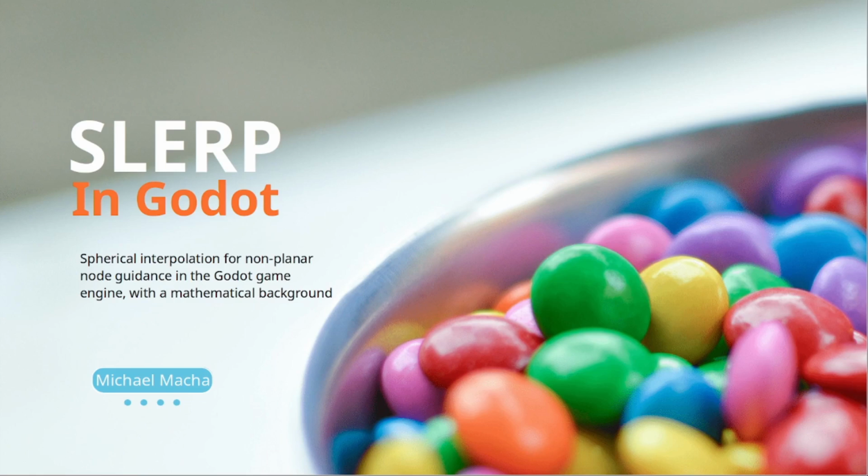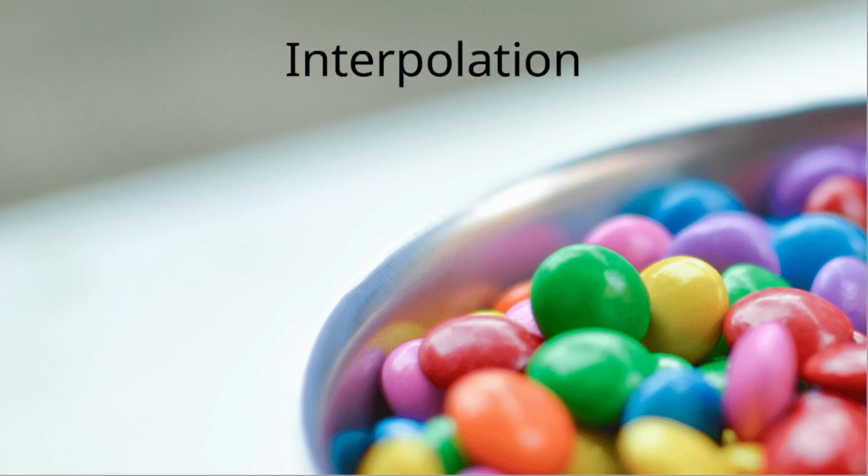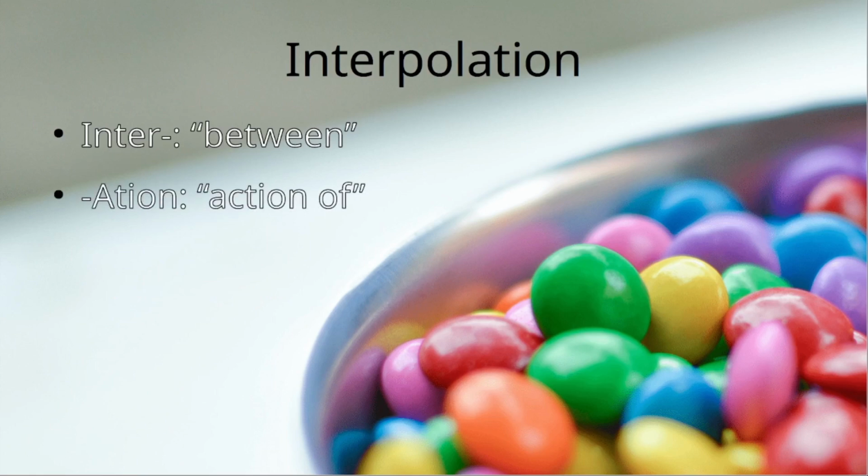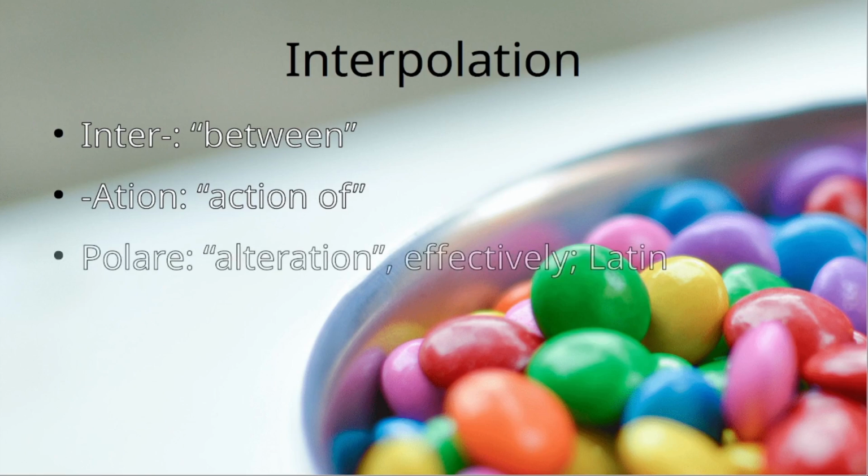If you look into the etymology of interpolation, we have inter at the beginning, which is between, ation at the end, which is an action of, and then polare, which is Latin, effectively meaning alteration. It can also mean polish, but at that point it's just gibberish.